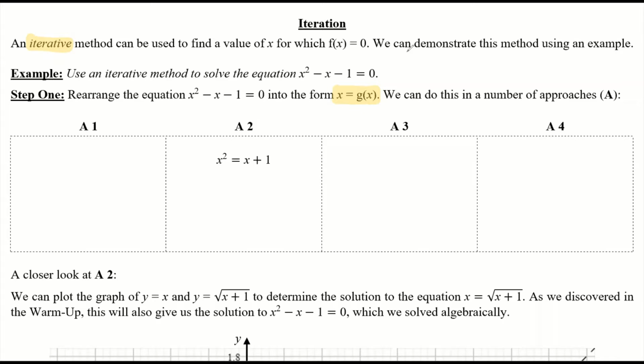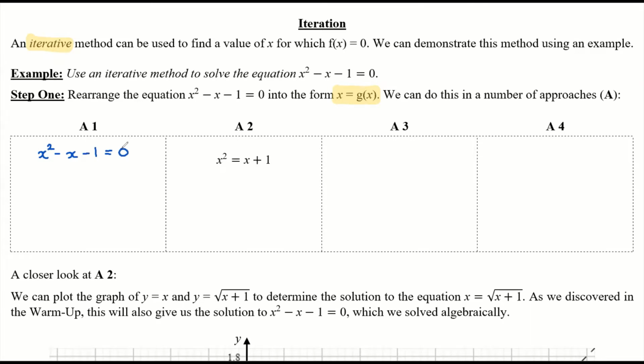If I write down the equation, we have x squared subtract x, subtract 1 is equal to 0. My aim is to make x equal to another function of x. So I need to keep 1x on the left-hand side of my equation and then put everything else onto the other side.